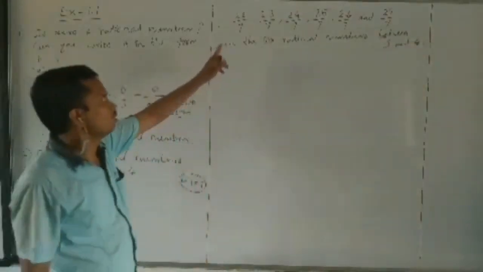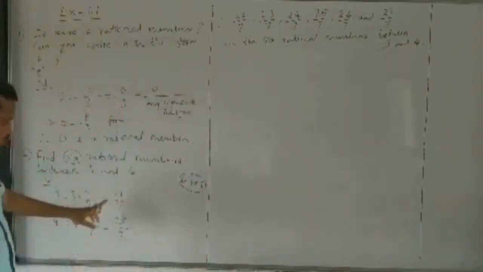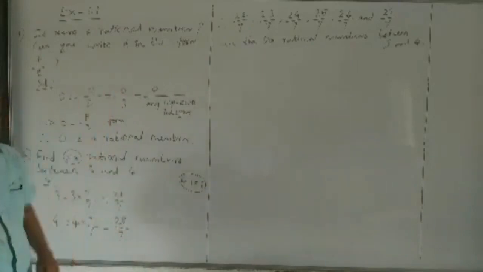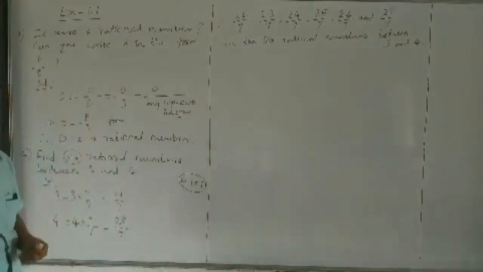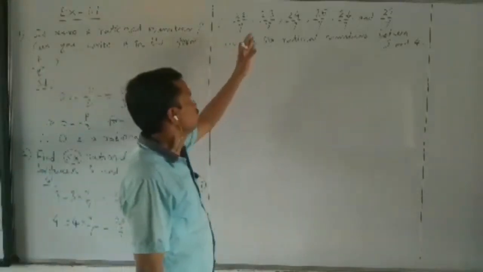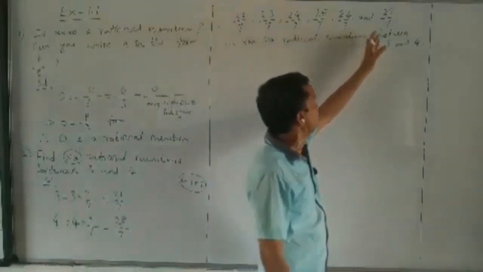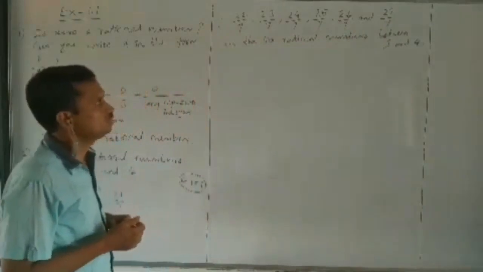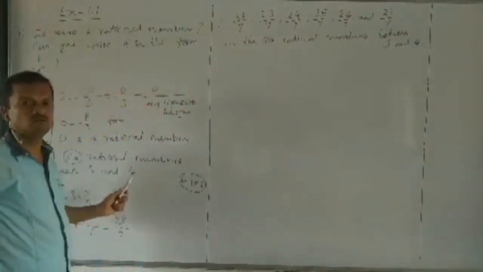So you can write like this. And we can collect the numbers between these two, keeping the denominator 7 in all the numbers. You can easily pick out 22 by 7, 23 by 7 and so on up to 27 by 7. So these are the 6 rational numbers between the given two numbers 3 and 4.